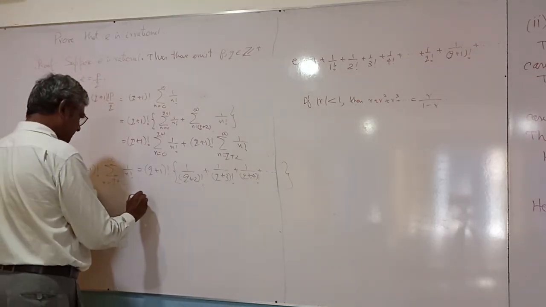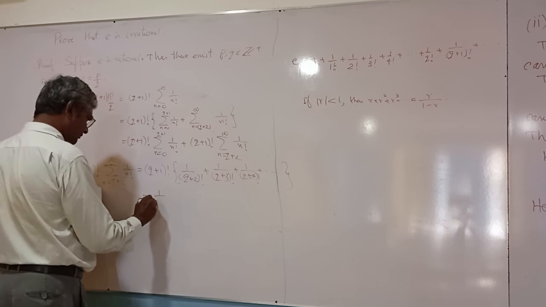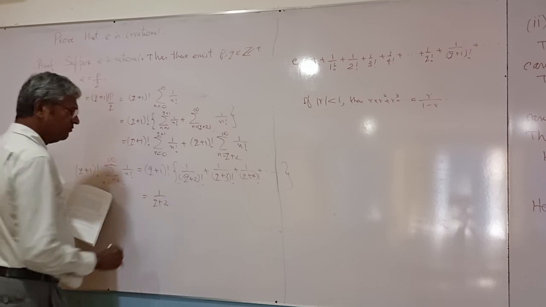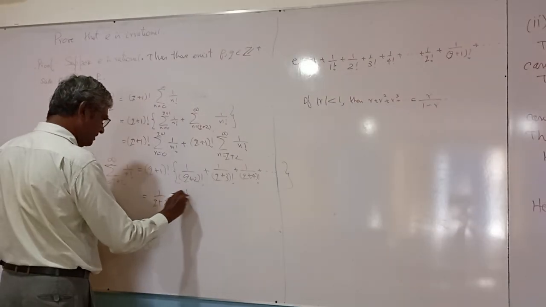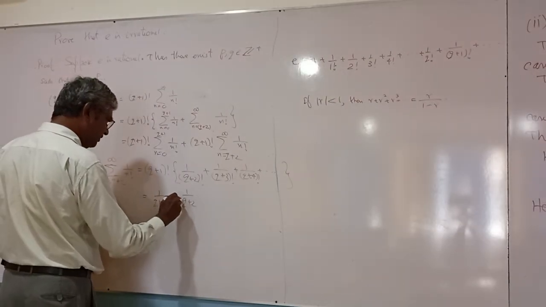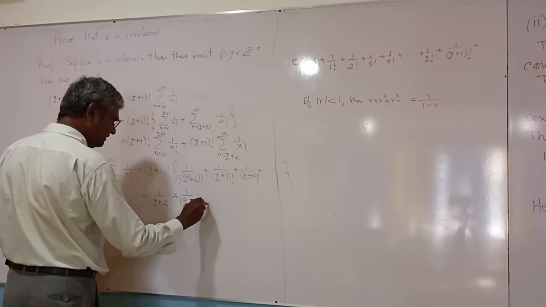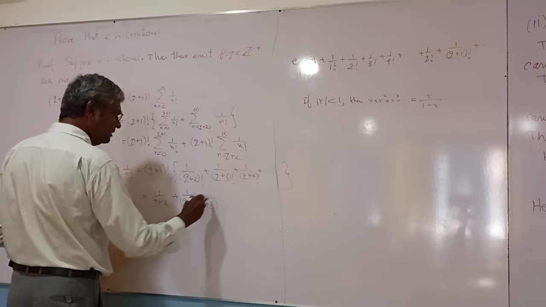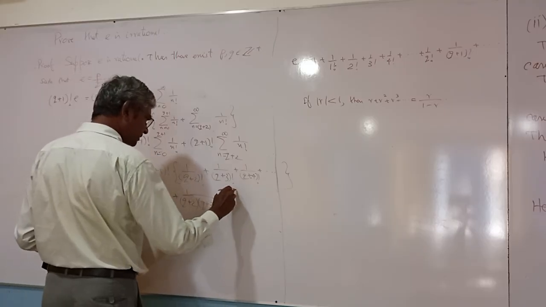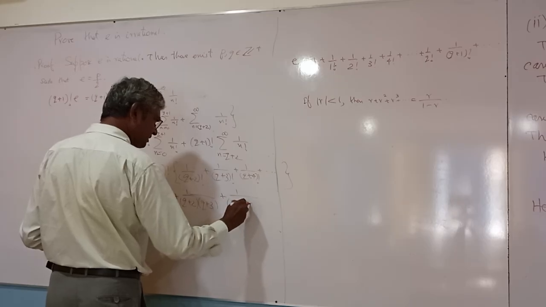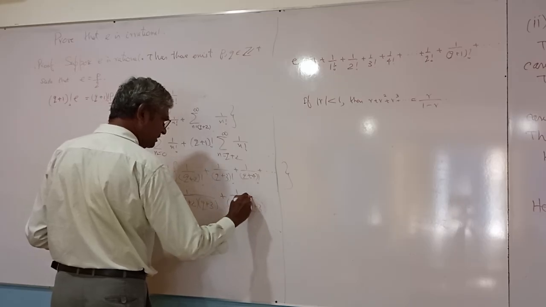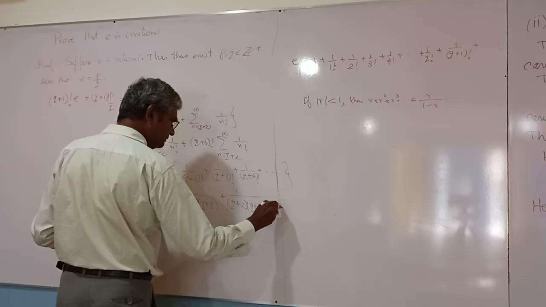Next one you get 1 over q plus 2 times q plus 3. Next one you get 1 over q plus 2, q plus 3, q plus 4.